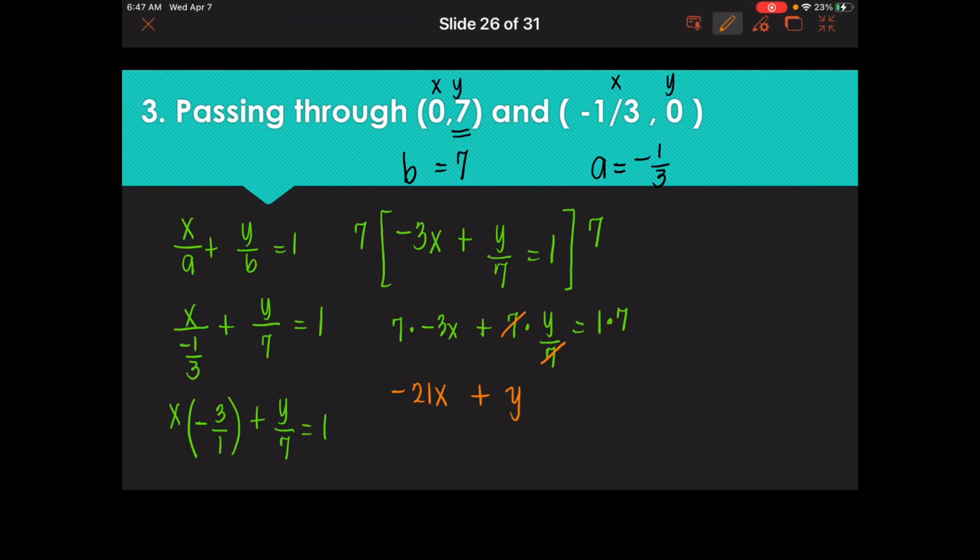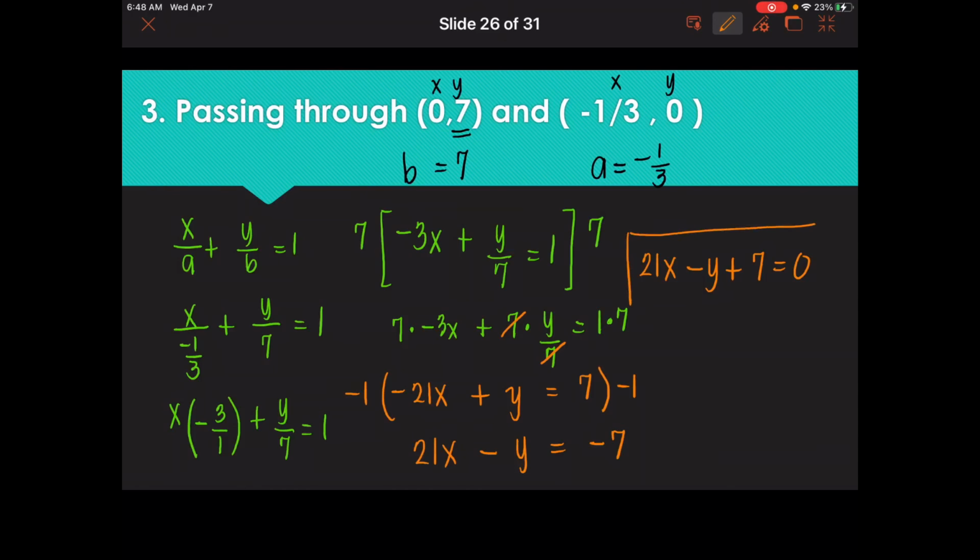So we're left with y is equal to 7. Okay, now since our a is negative, so we multiply all of them by negative 1. So we're left with 21x minus y is equal to negative 7. And then we transpose negative 7. So our final answer will become 21x minus y plus 7 is equal to 0. Okay, so this will be our final answer.